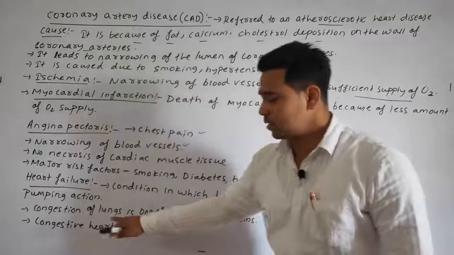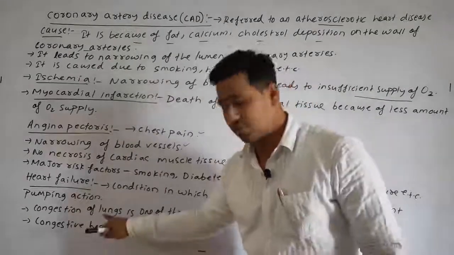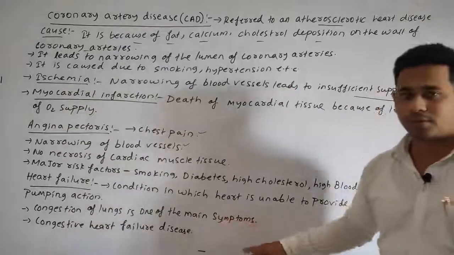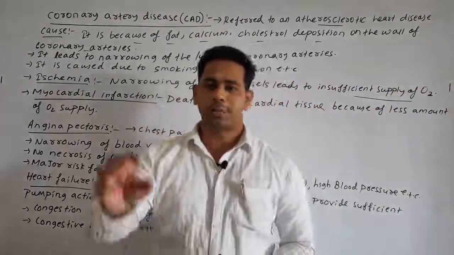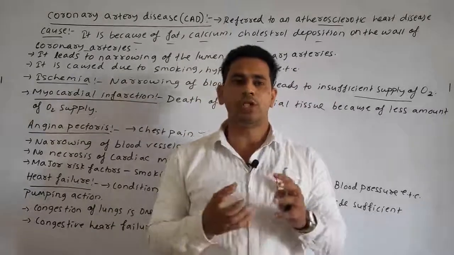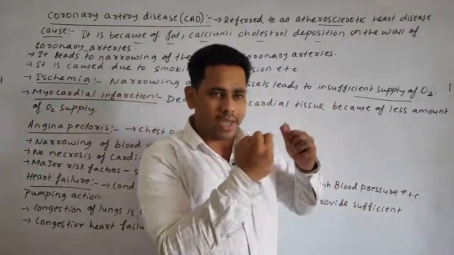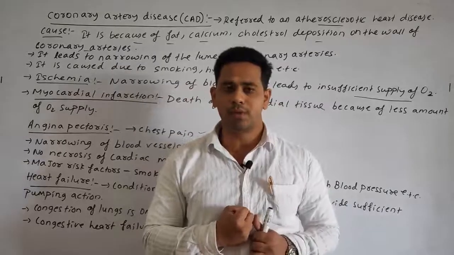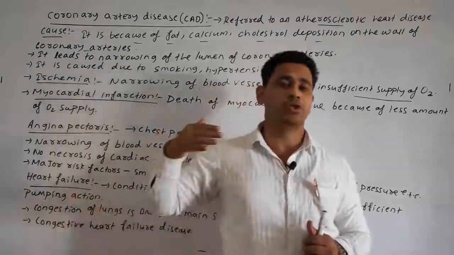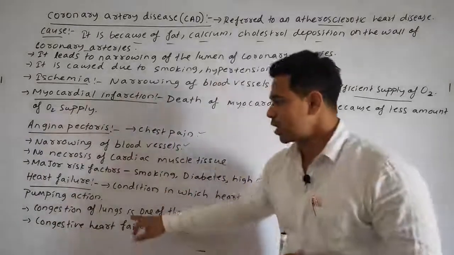Also, due to heart failure, the main result is congestion of the lungs. Obviously, if the heart is unable to supply blood and the lungs are unable to receive the required amount of blood, the lungs will not function properly, or we can say they will function abnormally. That is known as congestion of the lungs.